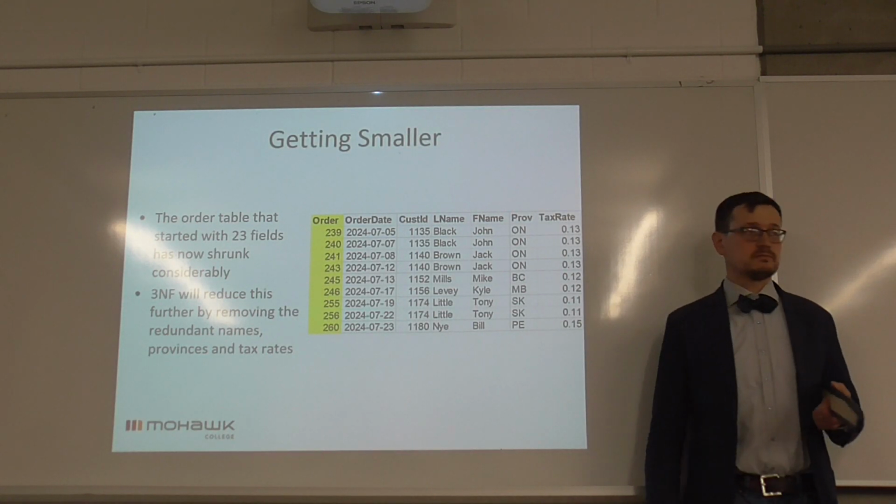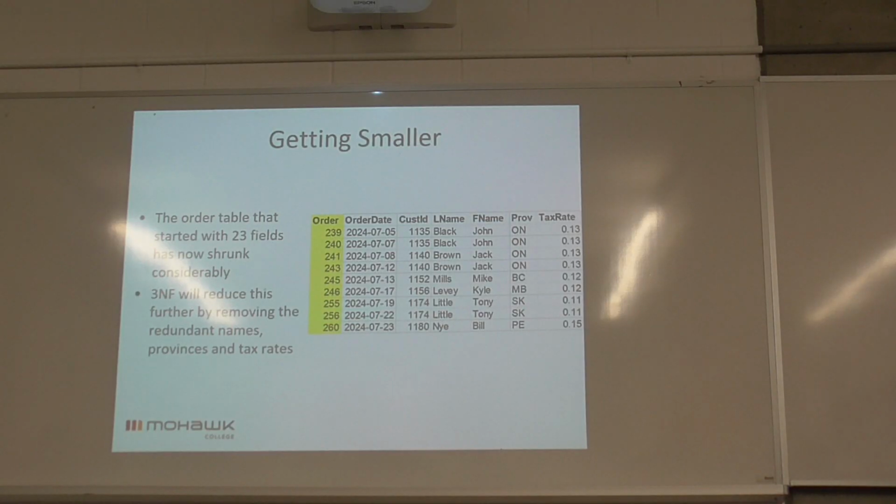Consider tax rate. Tax rate is set by a province, so the tax rate is entirely dependent on the province, right? It is still important to keep the tax rate in the table. But this column is entirely dependent on that column, right?